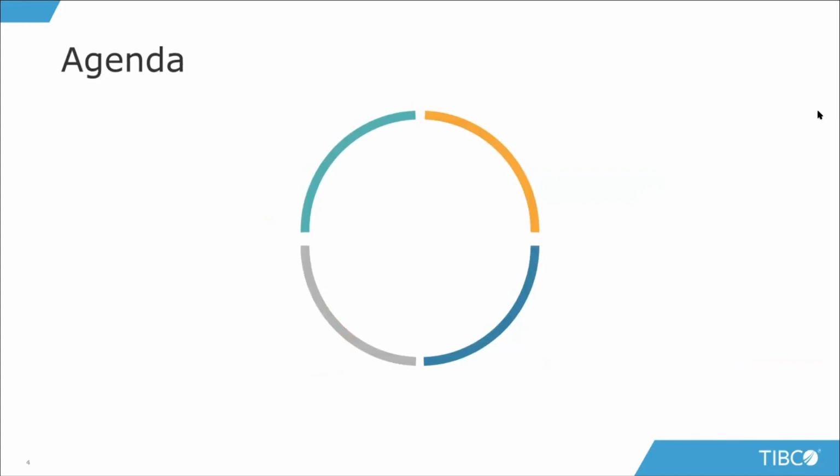Let's take a quick look at the agenda. The first thing we're going to cover is independent of the demo app altogether: an overview of the options you have when you want to do embedding, and in what circumstances you might choose one over the other.